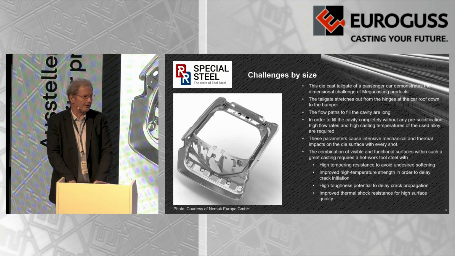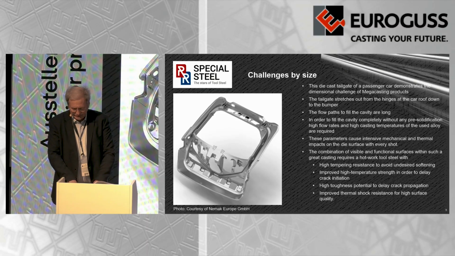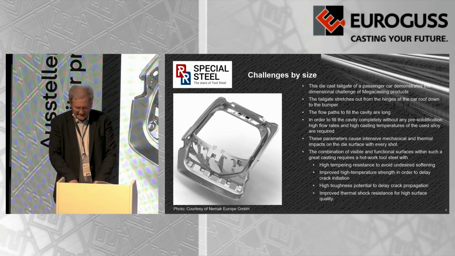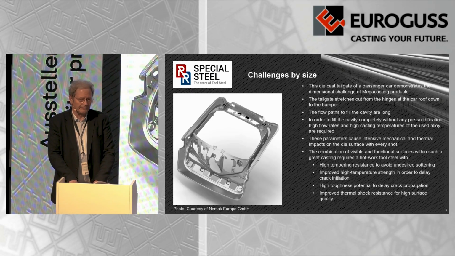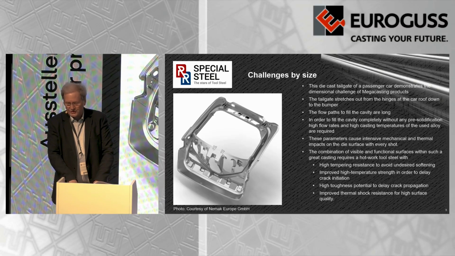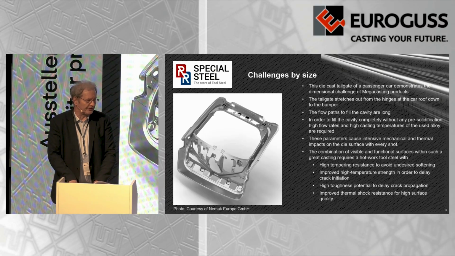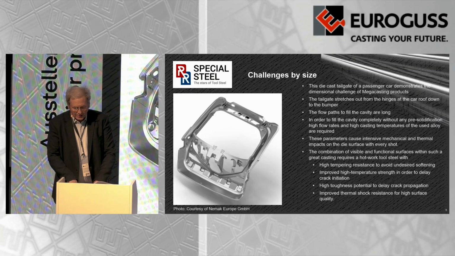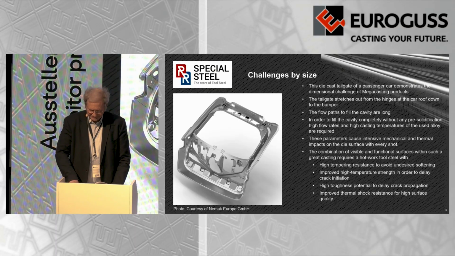We have very long flowways in the die to sufficiently fill the dies, and we need to have high flow rates and casting temperatures in order to avoid the undesired and critical pre-solidification during the filling process. All this leads to high mechanical and thermal impacts on the die surfaces with each shot.